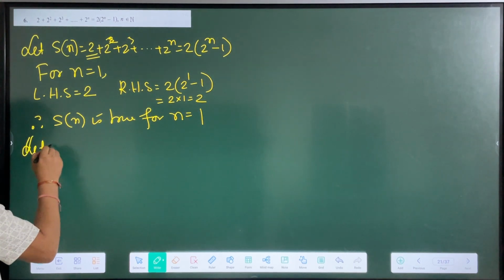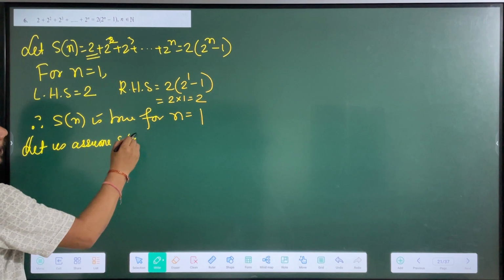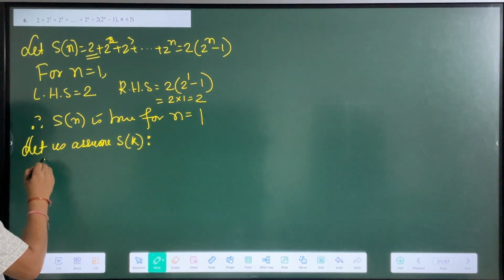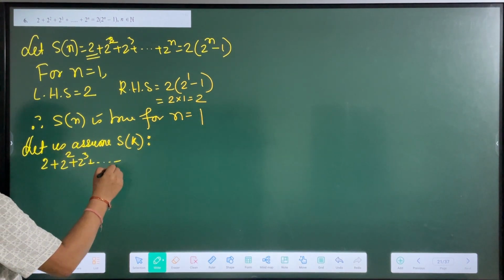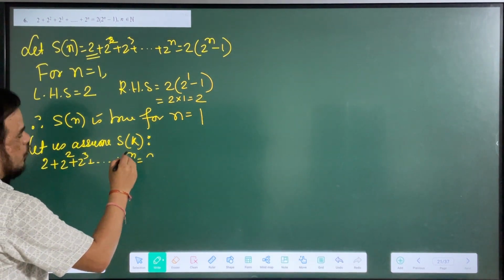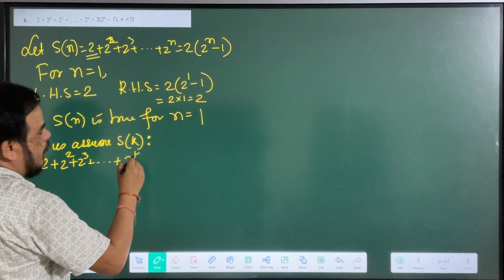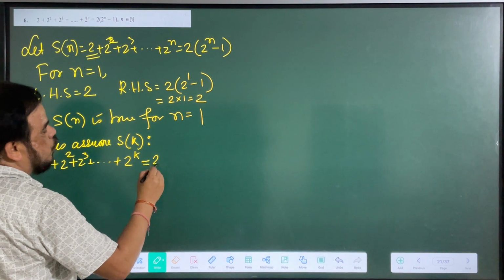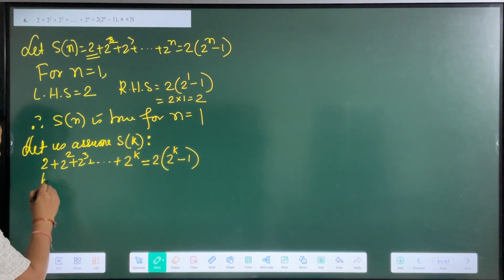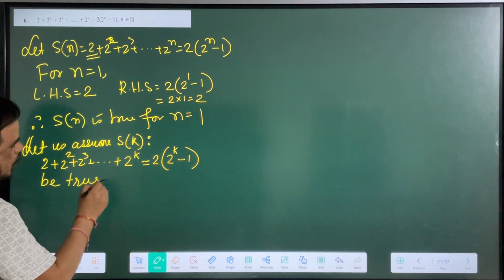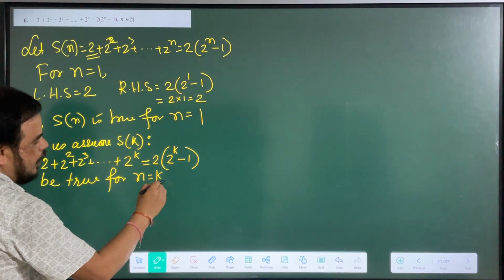Now let us assume Sk: 2 plus 2 square plus 2 cube plus dot dot dot 2 to the power k, not n, because Sk now, equals 2 into (2 to the power k minus 1), be true for n equals k.